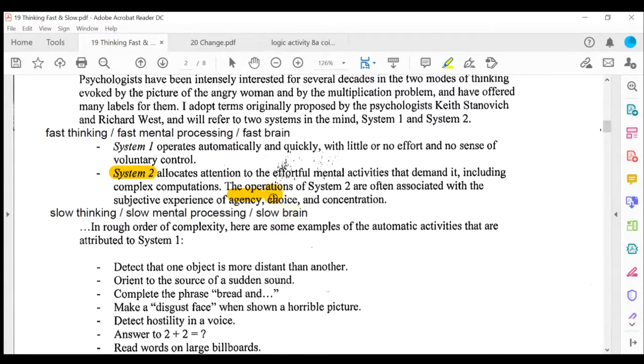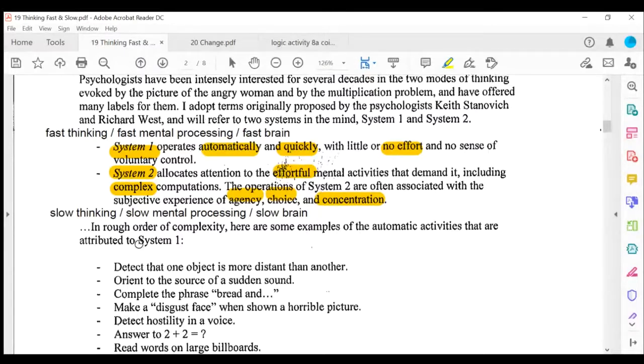That's too close. It's making a choice. Concentration, effortful, complex. These are all the words around system 2. Whereas system 1, it's happening again in the reverse side. System 1 is more automatic, quick, little to no effort, involuntary in this sort of way.